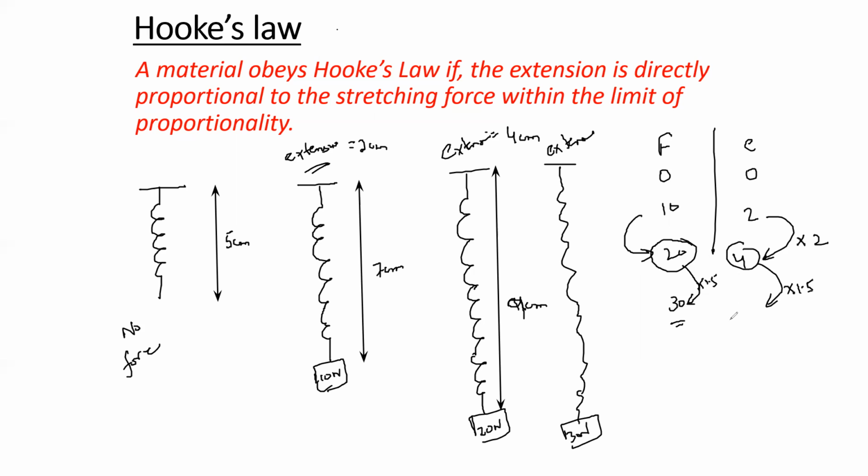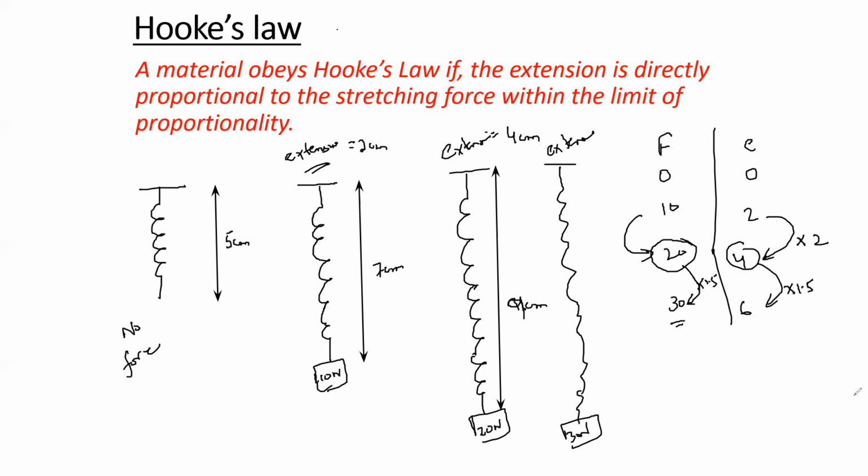So 4 multiplied by 1.5 gives 6. You will get the same answer. It won't make a difference. You can take any value, just identify what factor it is multiplied by, and you will get the extension.